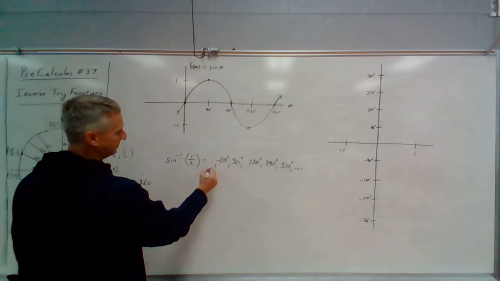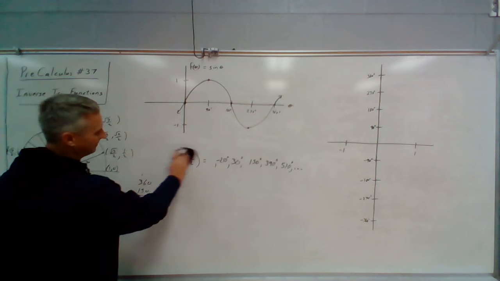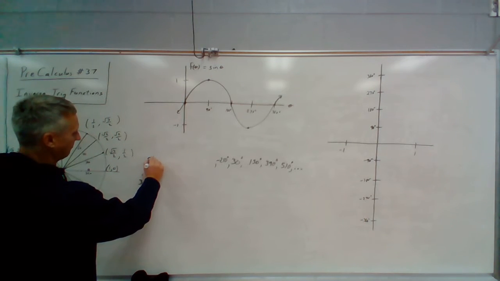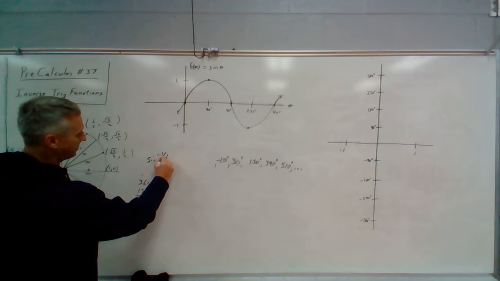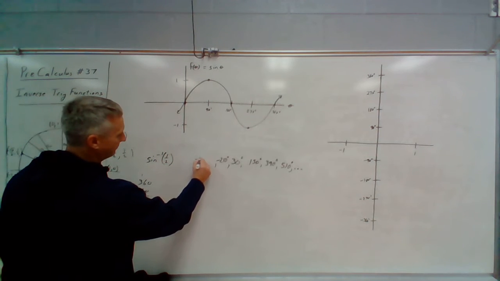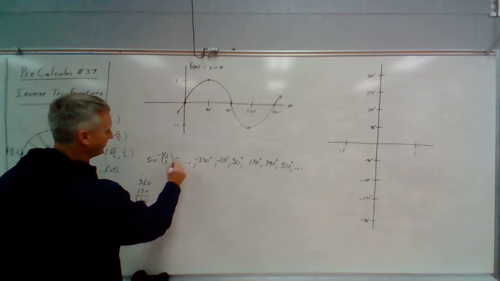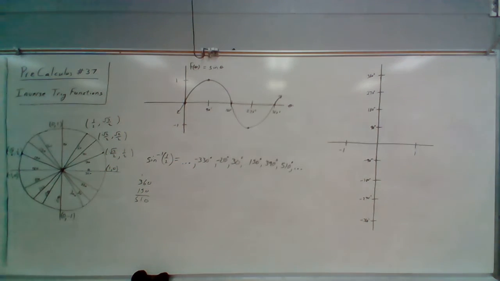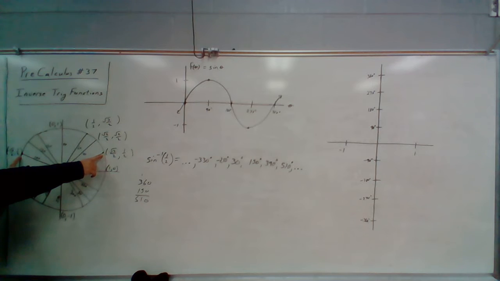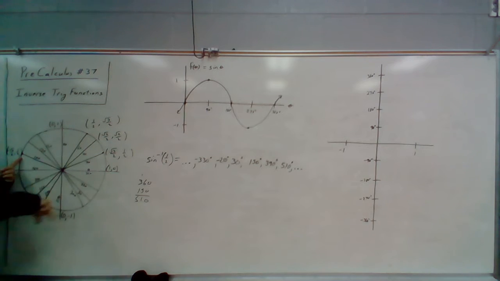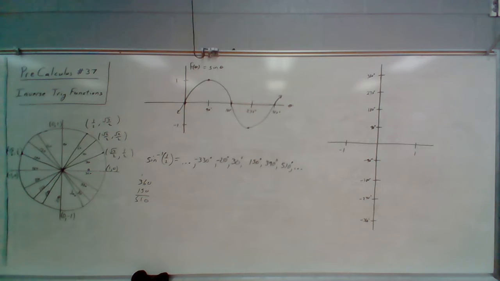Or negative 330 degrees, and so on, back that way forever. So you have an infinite number of answers to the sine inverse of 1/2. Just these 2 points. However I can get them going around and around the circle as many times as I want, or going backwards as many times as I want.